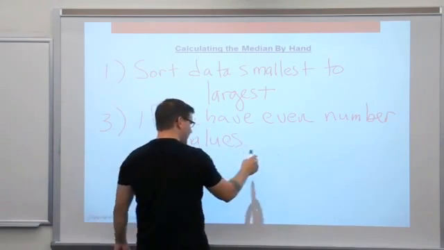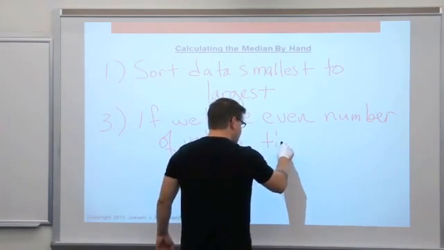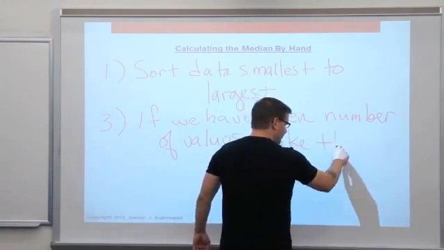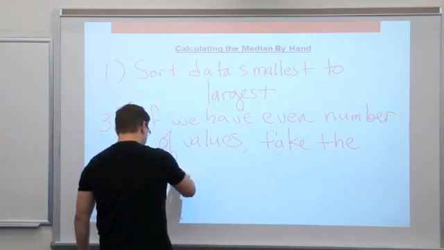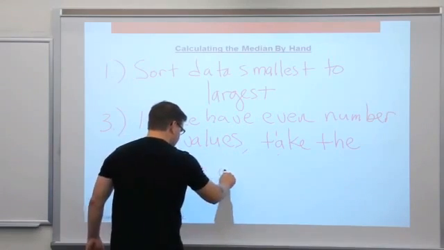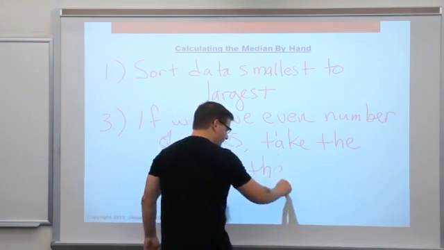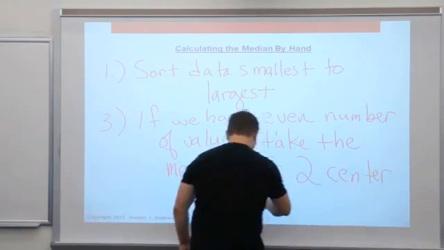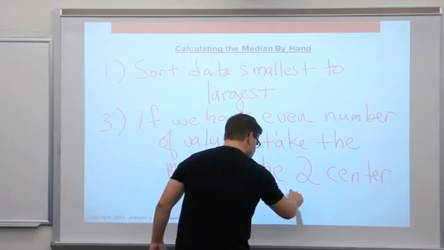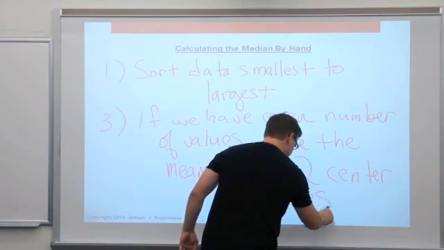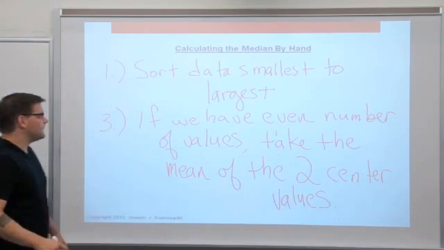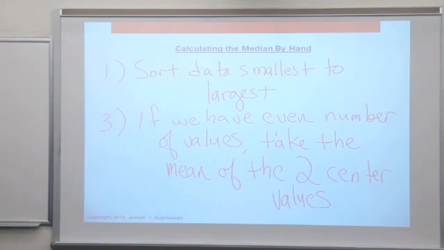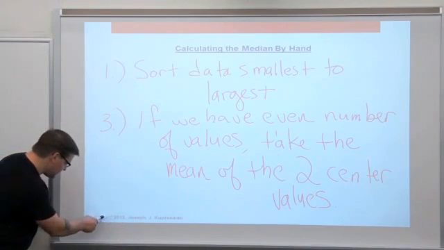So if we have an even number of values, take the mean of the two center values. A little bit wordy to write down, but once we get some data in front of us, it goes pretty quickly. All right, so let's do that.